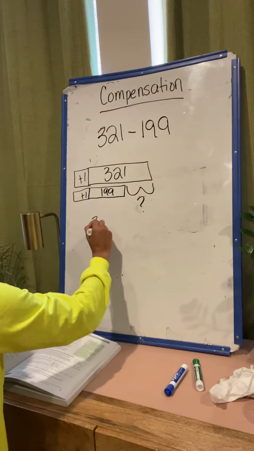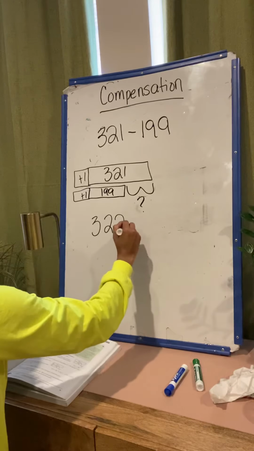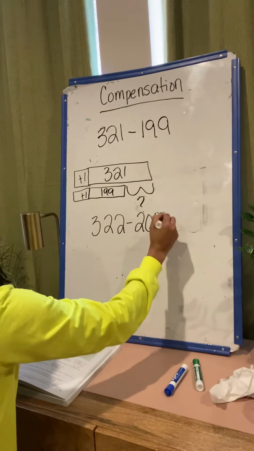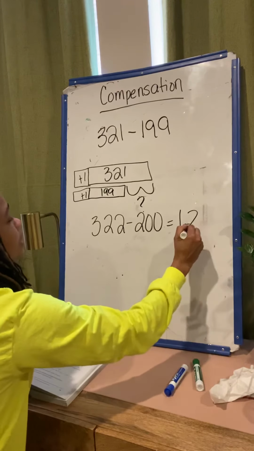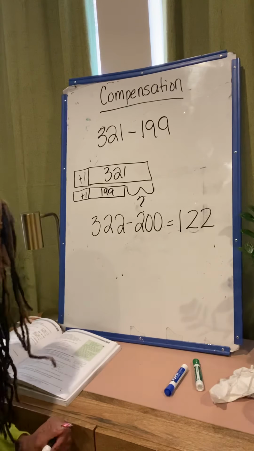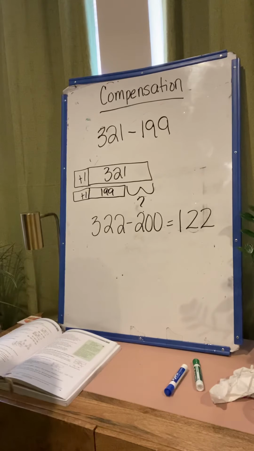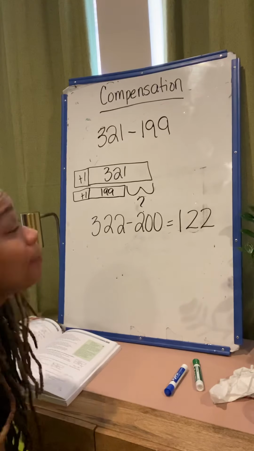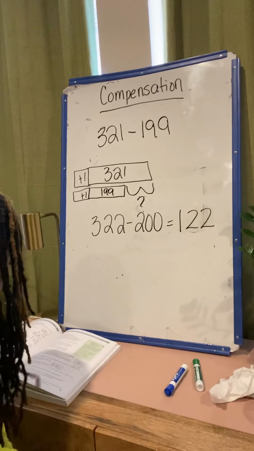So we're going to say 322 minus 200, and we will get 122. It's very, very simple.